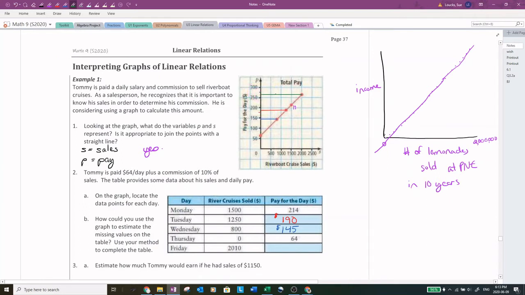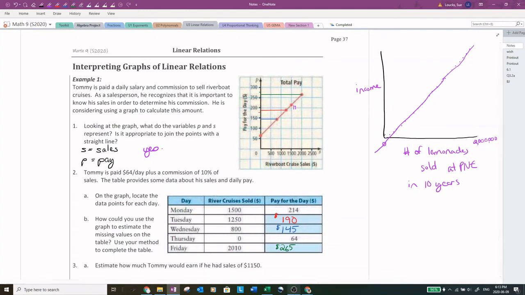So I'm going to call that like 265 because it's a little bit past halfway. Maybe 270. Okay. As long as your answer is reasonable, that's okay. It's not exact. We can't read anything exact off of this graph.